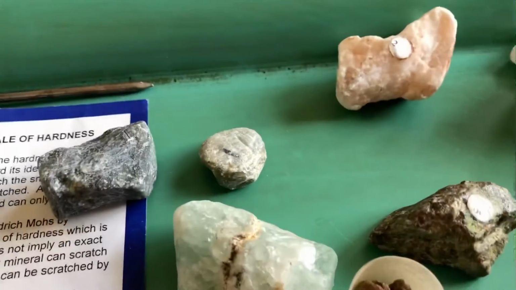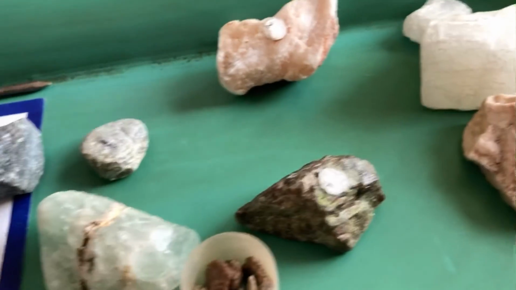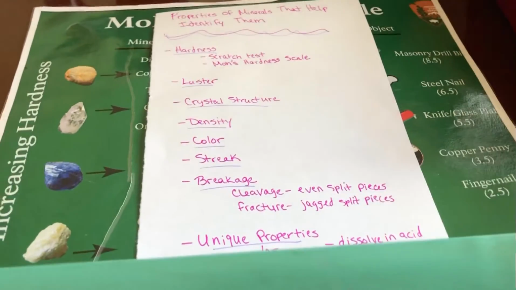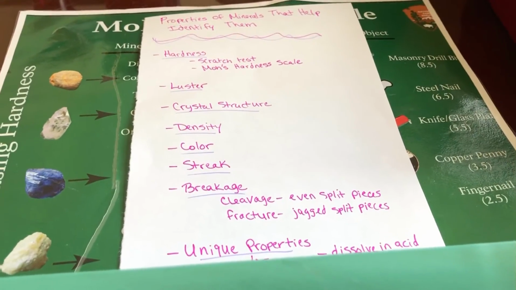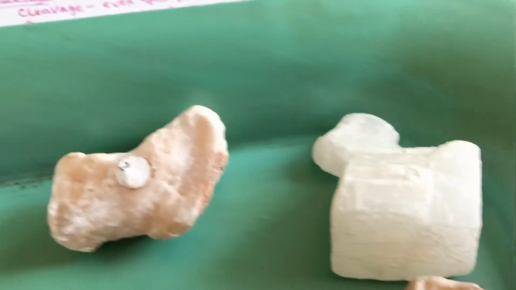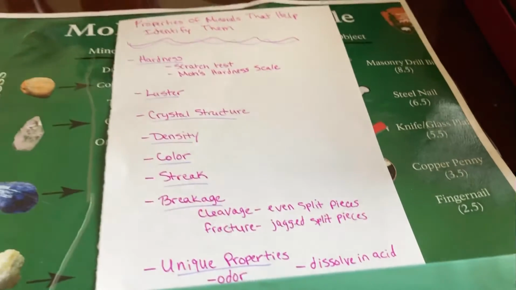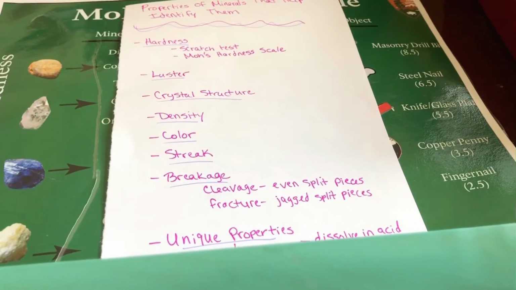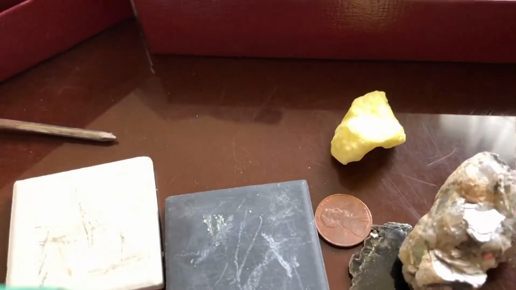So we can use different properties to help us identify minerals. Once we know that we have a mineral, we can use things like hardness, luster, the way that it reflects light, crystal structure, like how its atoms are arranged, density, its mass per volume. We can start out with color, like sulfur is usually that bright yellow color.